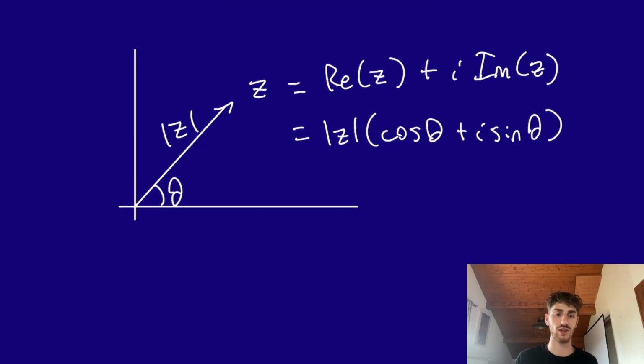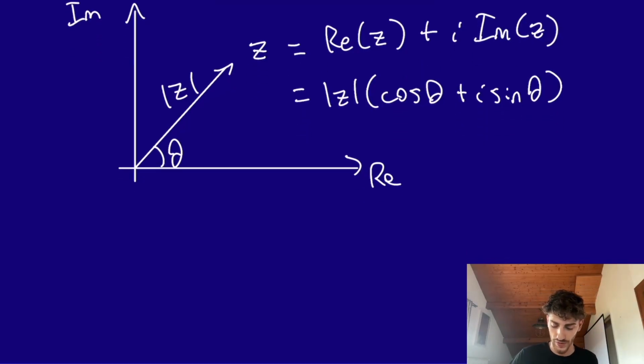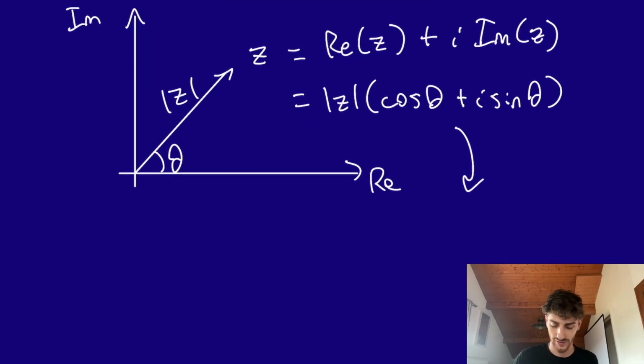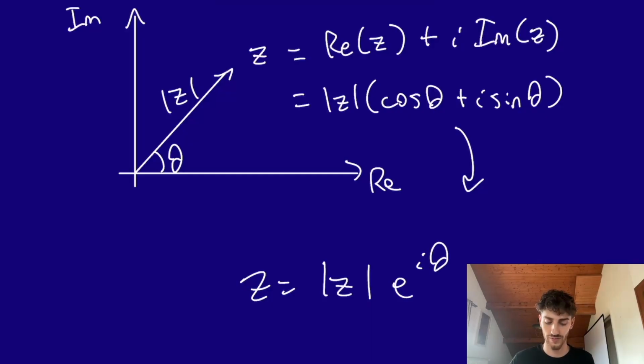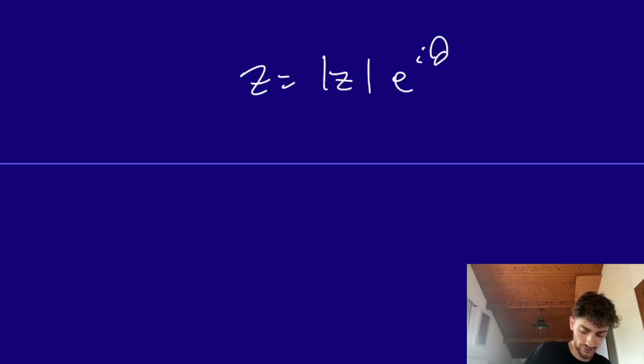Okay, so that gets you the horizontal and vertical part on this complex plane, which will give you the real part and the imaginary part, right? But this, of course, is e to the i theta. So you can actually write this as z equals the magnitude of z times e to the i theta, right? As per Euler's formula.